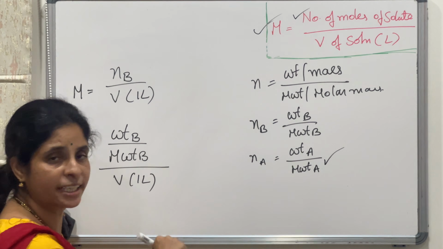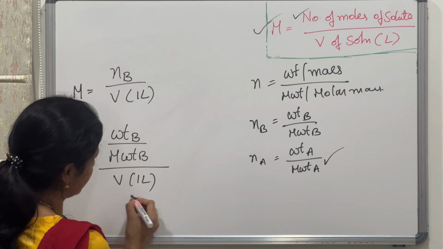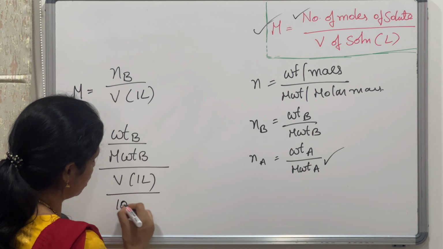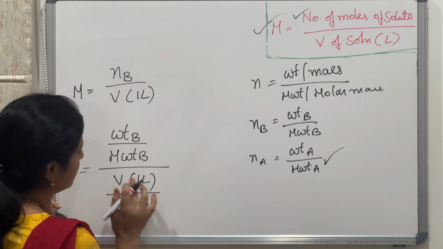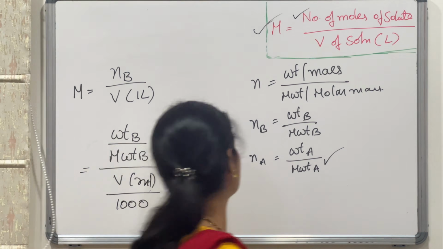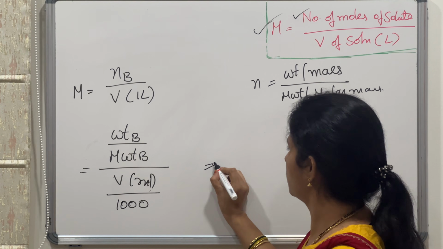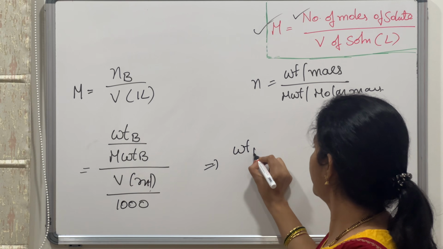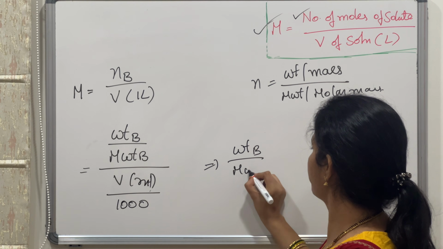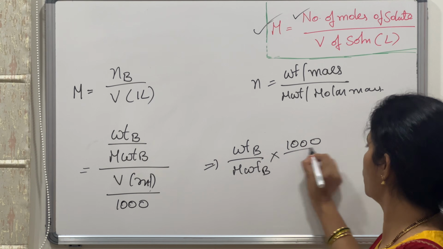If you convert liters to milliliters, then you divide by 1000, so this will be volume in ml. So what will be the formula? Weight by molecular weight into 1000 by volume in ml.